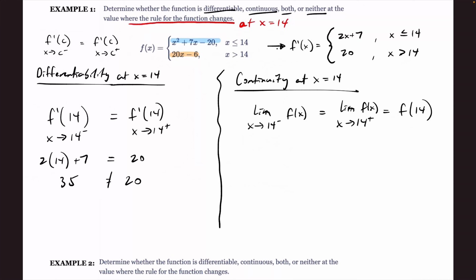Okay, so if we're checking from the left, that's the blue. So we're going to plug in 14 to the blue. We can't use a calculator, so let's try to do this in our head. 14 times 14 is 196? Yes, thank you. 7 times 14 is 98.